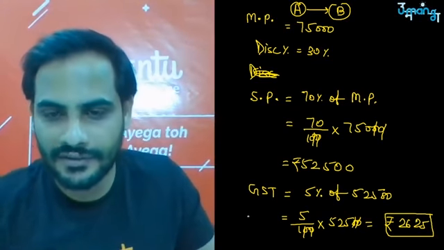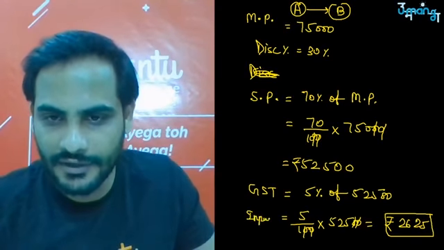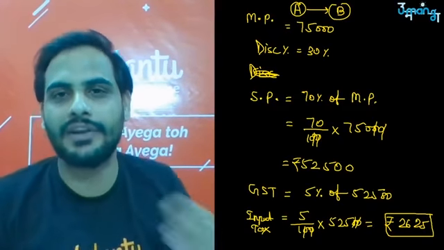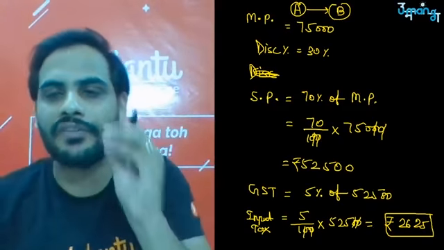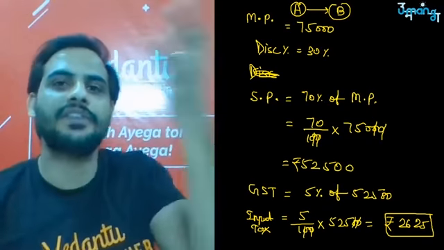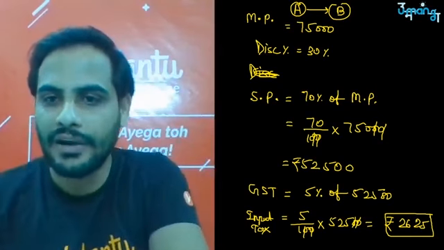Understand what we have calculated here: input tax. B has already paid rupees 2625 as tax to the government when he purchased it from A. Now let's move to the second scenario, when it moves from B to C.